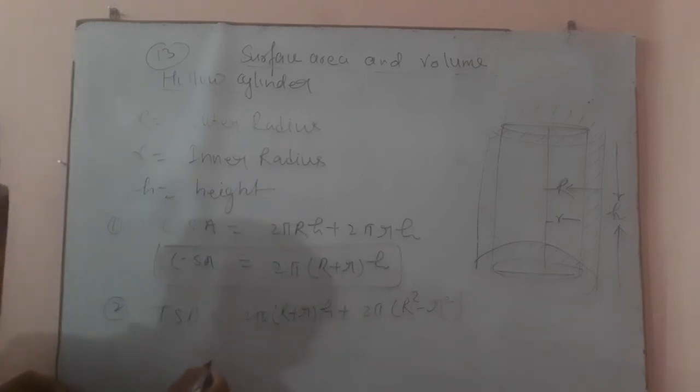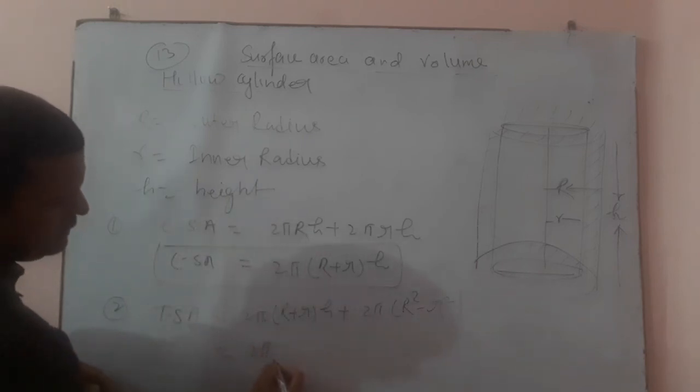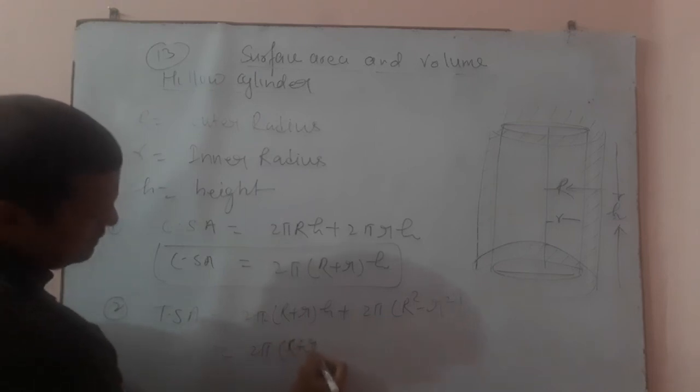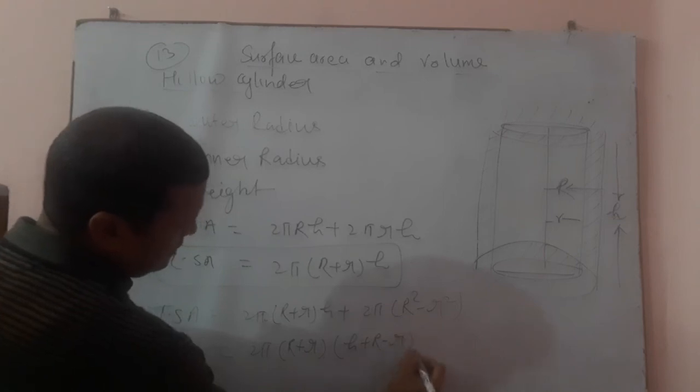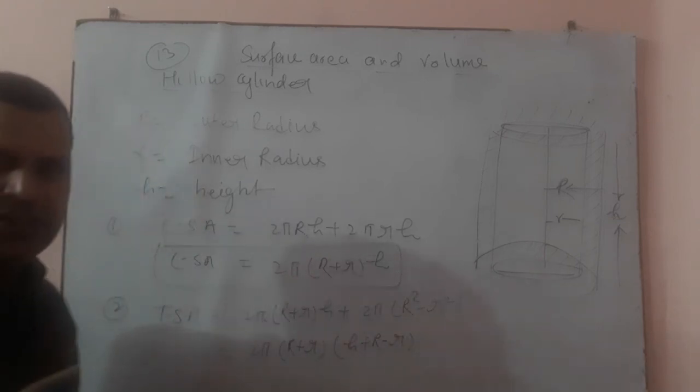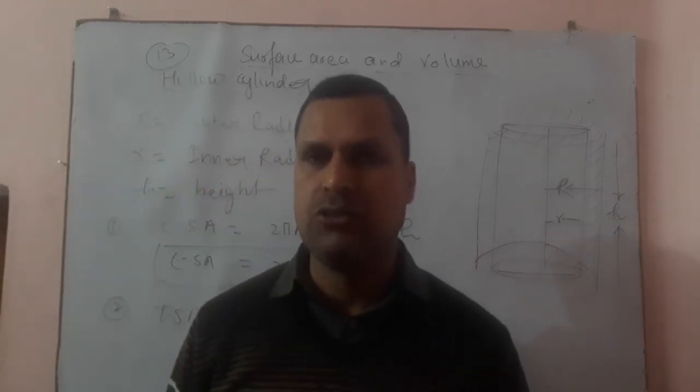Is anything common in both? 2 pi (capital R plus small r) is common, and we will get (H plus capital R minus small r). This is the formula for the total surface area of the hollow cylinder.